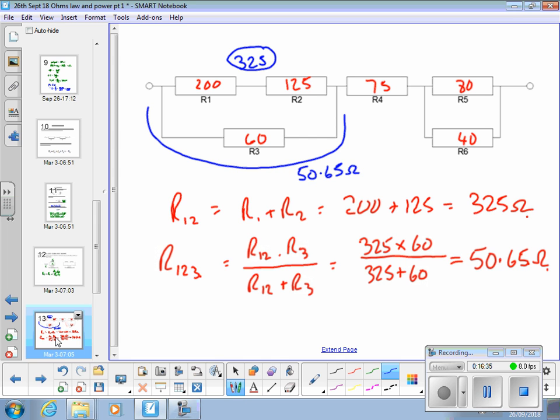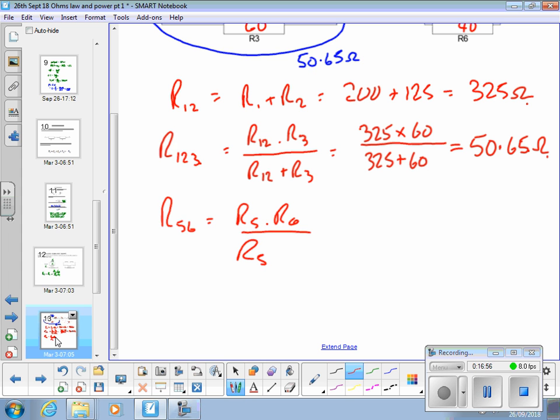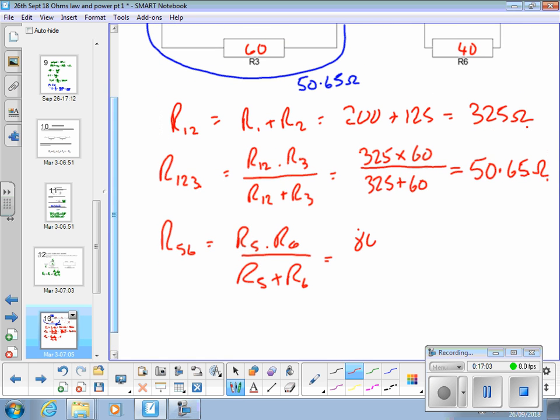That 75 can be left as it is. We now need to do this one.